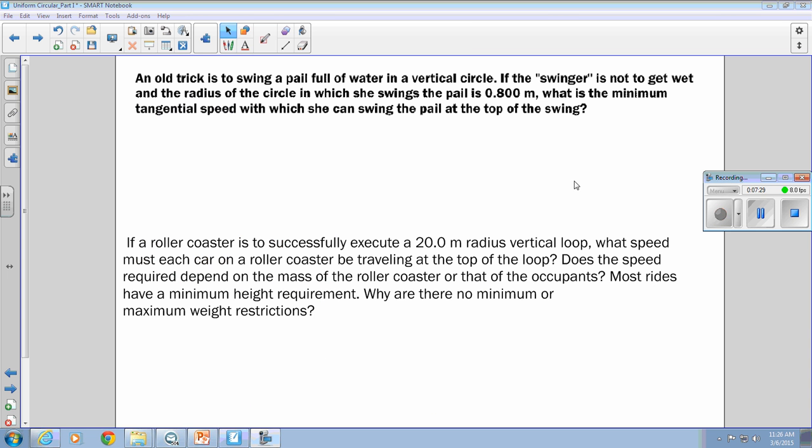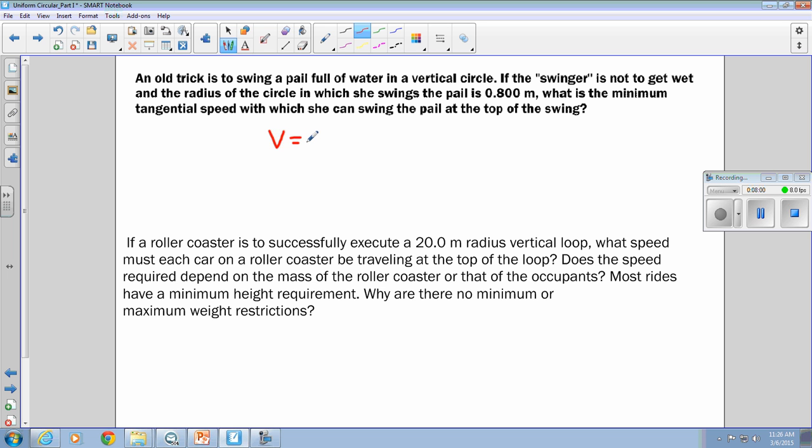A couple of example problems for vertical circular motion. If we went to the old trick of swinging a pail of water in a vertical circle, and you want to not get wet while you're spinning this pail, if we know the radius, we want to know what the minimum tangential speed is with which she swings the pail at the top. We have derived the formula.